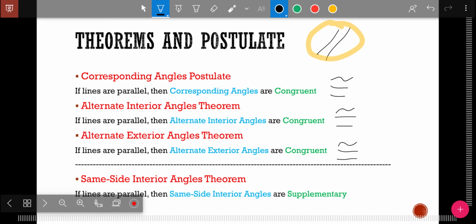And if the lines are parallel, same side interior angles are supplementary. And these rules are going to be with us pretty much all the rest of the year. These are very important rules. Please get them down into your notes. We're going to spend a few days making sure we understand these.